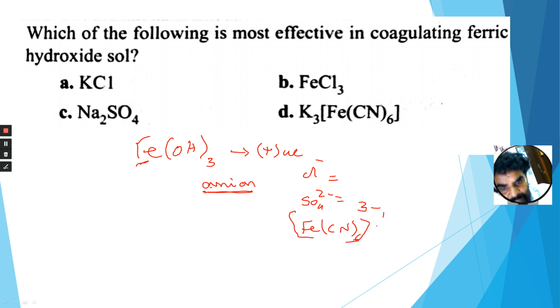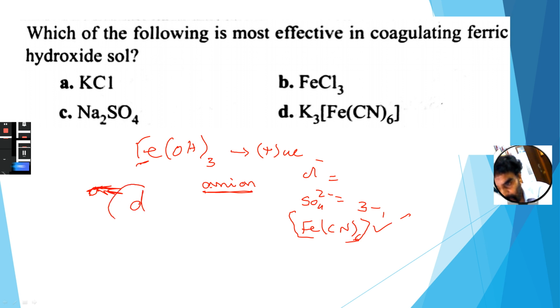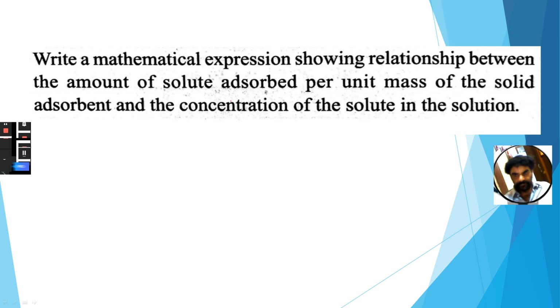This is more effective. As the charge on the ion increases, the coagulating power increases. This is the correct answer. Here D is the correct option.